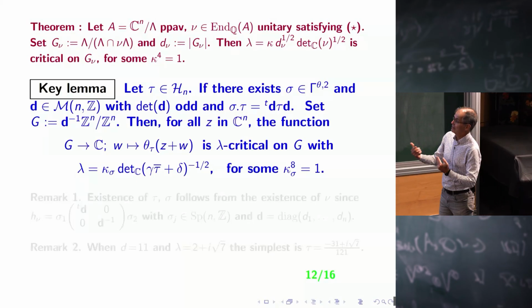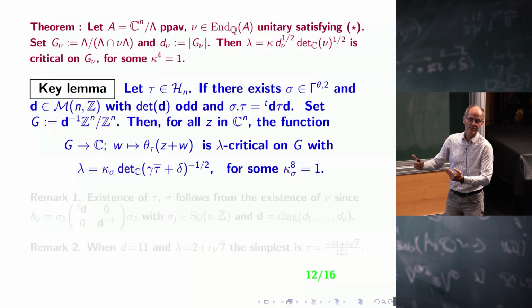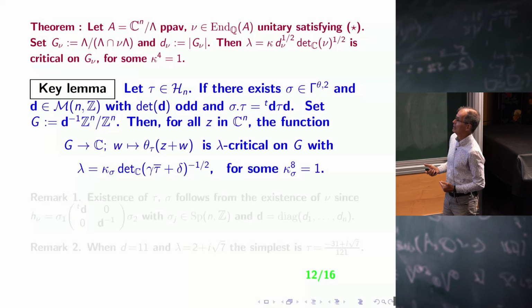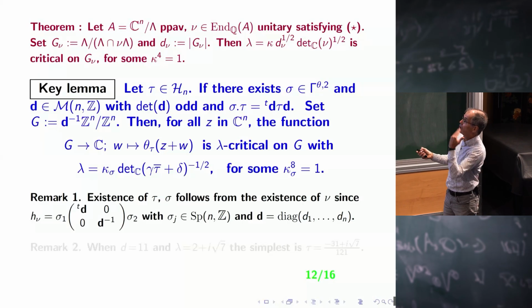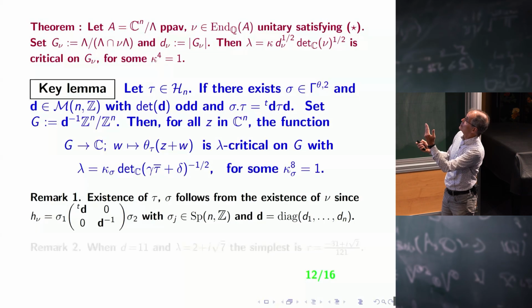The first thing, you see, I'm progressing in the proof when I'm writing this lemma. The first thing you have to understand is this strange assumption here. How do you get it from my assumption that nu is unitary?